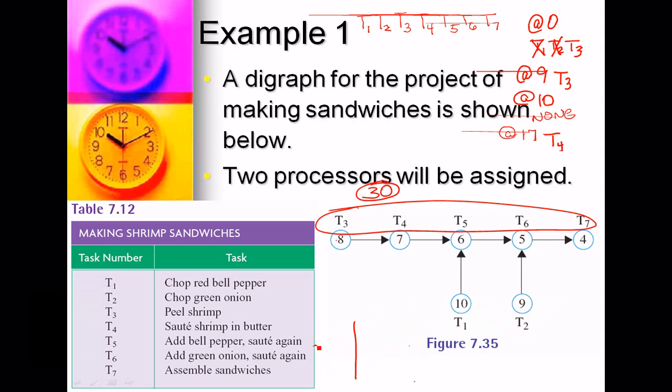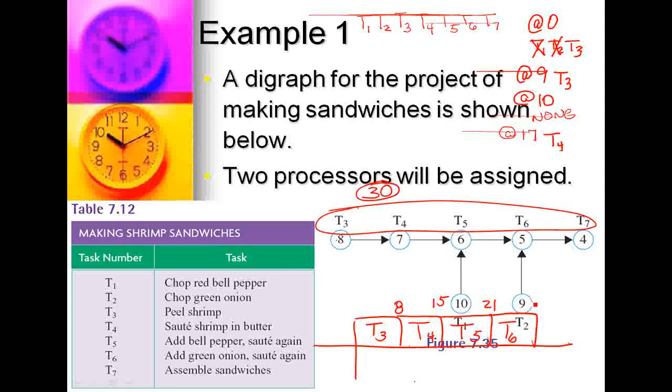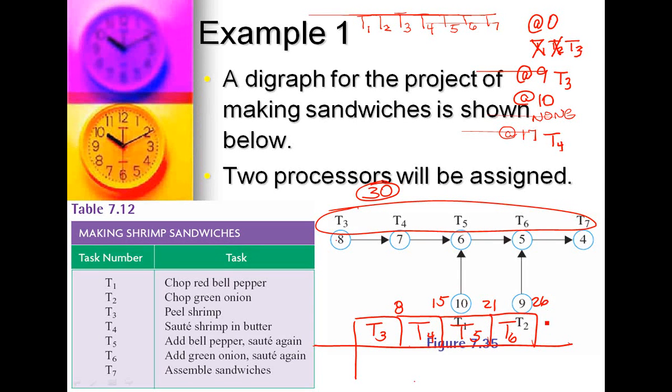Alright, first processor, all we're going to do is put T3 for 8, T4 for 7, so that takes you out to 15, T5, which is 6, takes us to 21, T6 takes us to 26, and T7 takes us to 30.